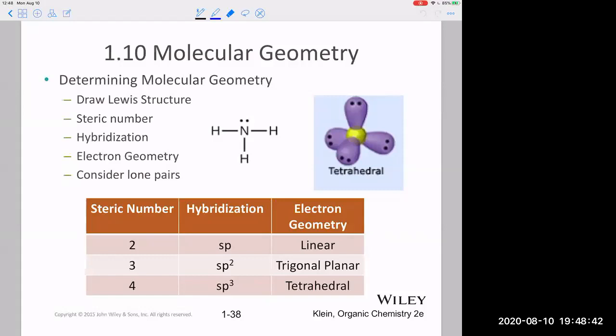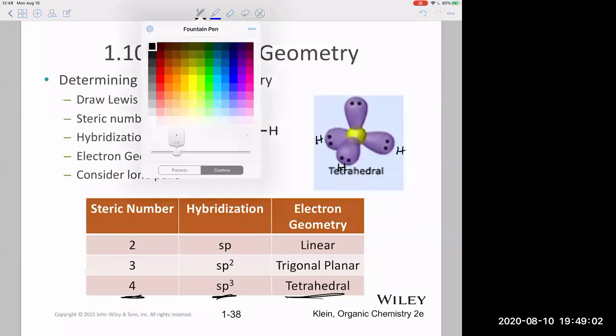Here we have ammonia. Ammonia also has a steric number of 4, because that lone pair also counts as a +1. So it's also sp3 hybridized. So its electrons are also arranged in this tetrahedral. But the hydrogens actually only lie at 3 of those bonds.